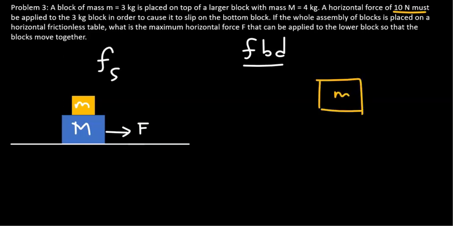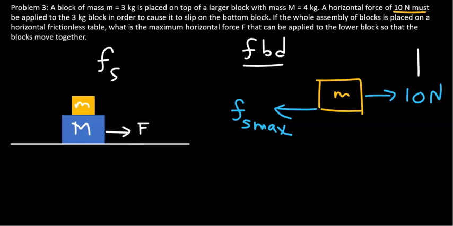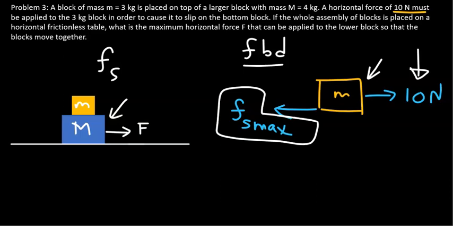So among the forces acting on this smaller block, you have the 10 newtons to the right, and of course you have this static friction, and it has to be the maximum static friction because under the influence of this 10 newtons, this little block is slipping on the larger block. So the static friction acting at that very moment just before slipping must be the maximum static friction.